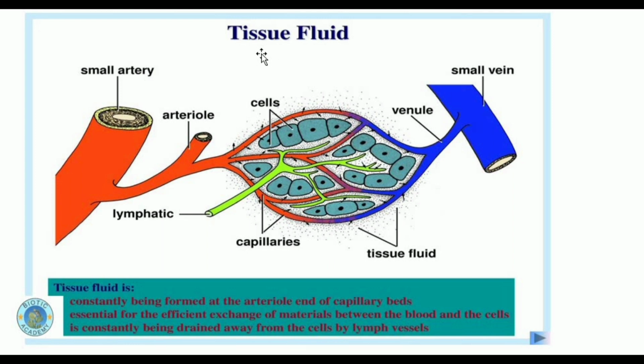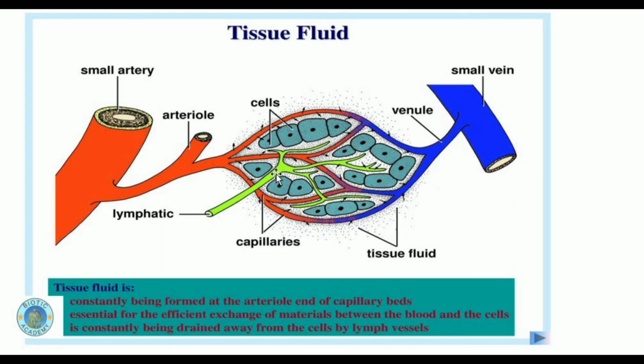The plasma of the blood leaks at the point of arterioles, where the pressure of the blood is quite high. Due to this high pressure, the plasma starts leaking around the tissues, and after leaking from the arteriole it is considered tissue fluid, because it gets accumulated around the tissues and provides a medium for the exchange of material.